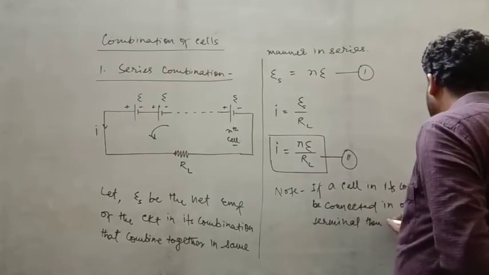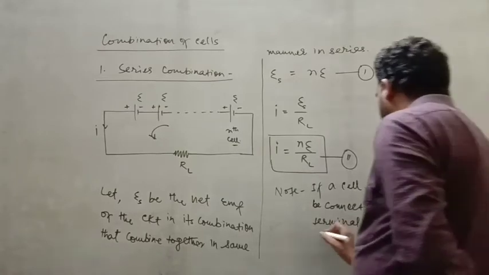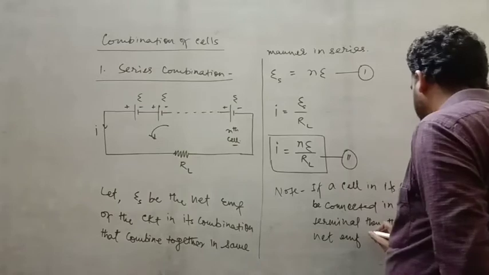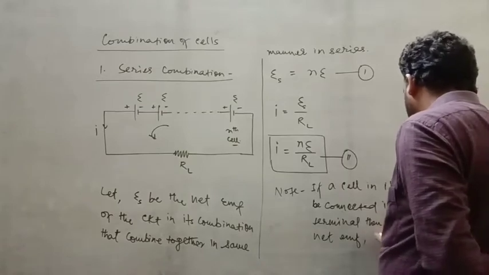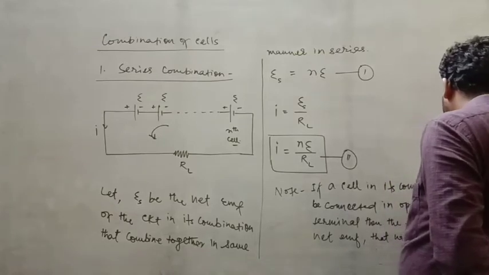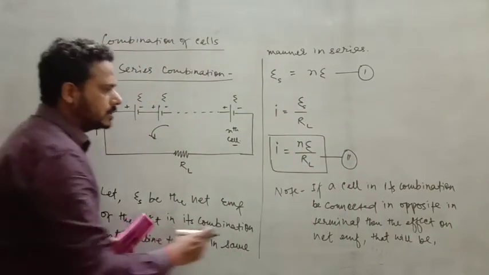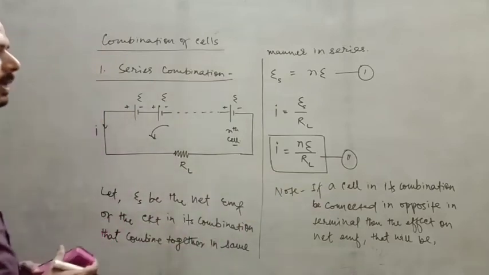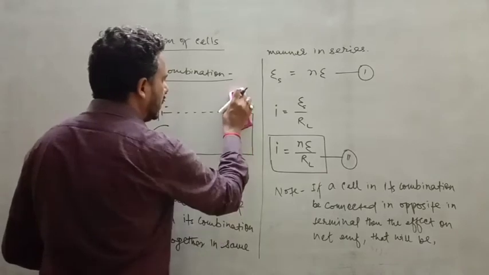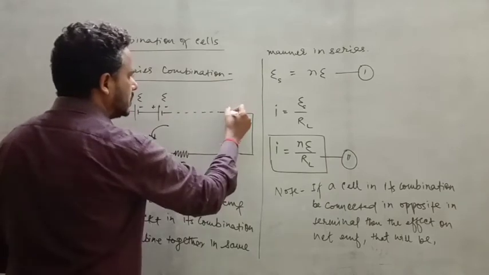the effect on net EMF will be... Alright. You simply see that I am changing it so that one cell is connected opposite in its terminal. You simply connect this one cell opposite in its terminal like that.